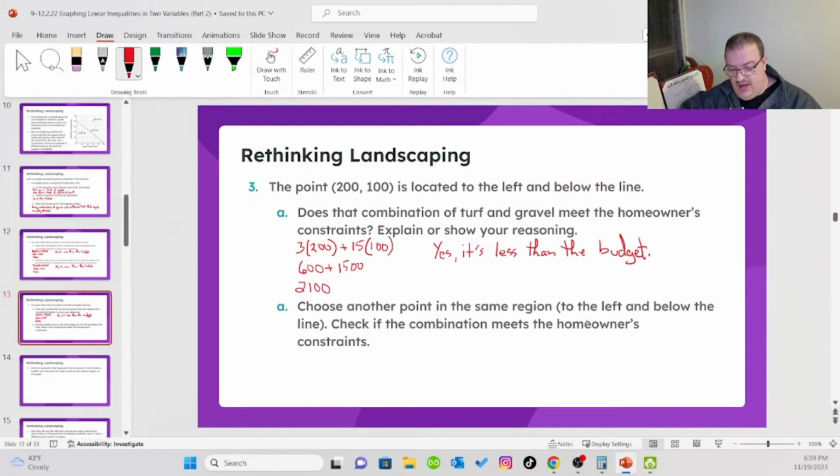So if we try that point, we have 3 times 200 plus 15 times 50. 3 times 200 is 600. 15 times 50 is 750. And 600 plus 750 is 1,350. Again, this does meet the homeowner's constraints because it's less than the budget.